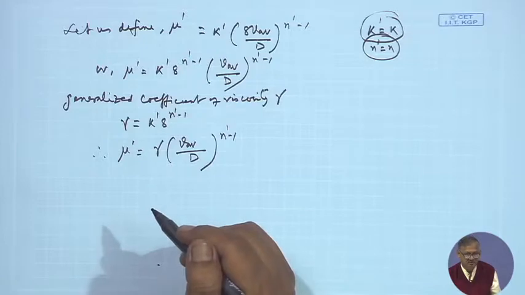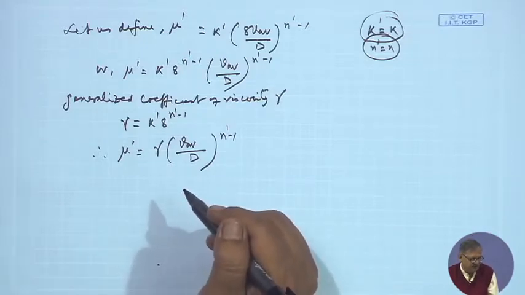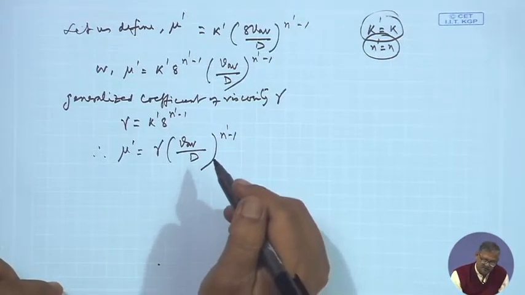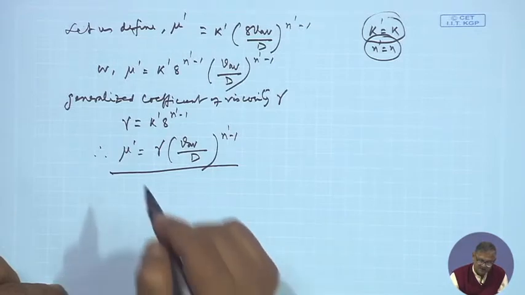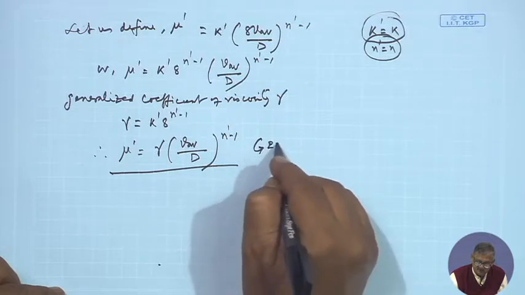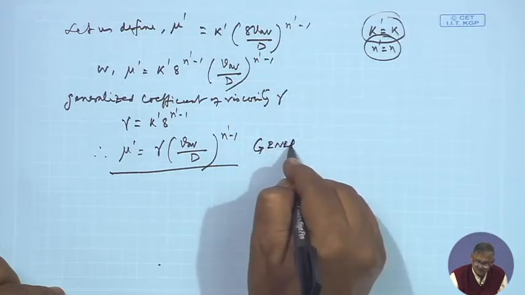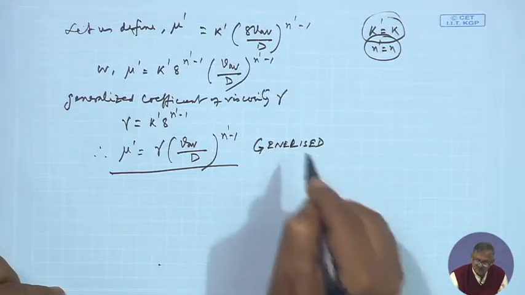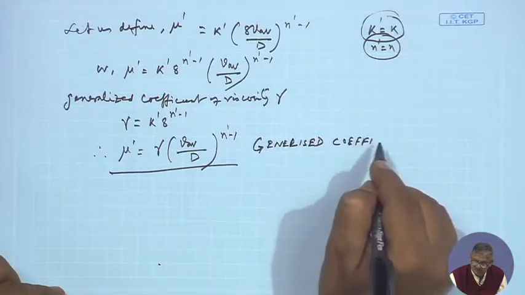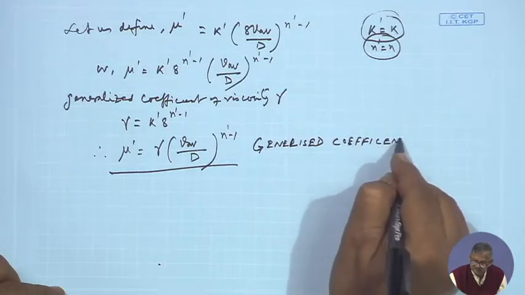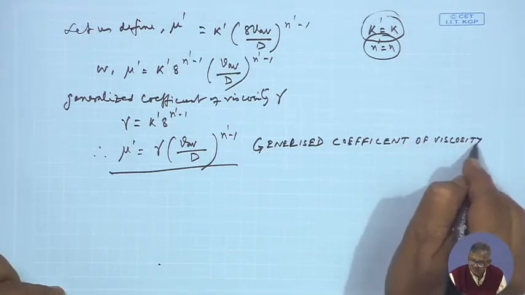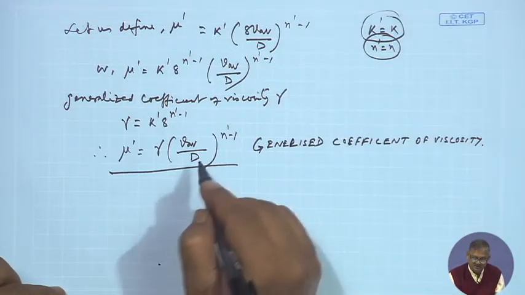So, this we know, and we have also done this for non Newtonian fluid, and this is then the generalized coefficient of viscosity.